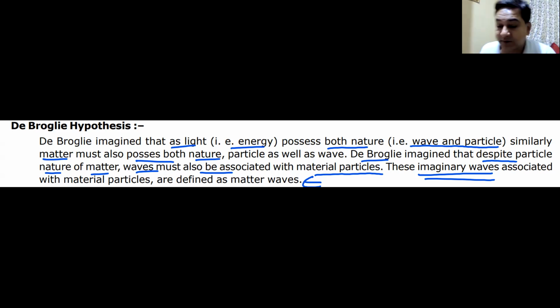Call it De Broglie's hypothesis. Every particle is associated with a wave nature. Light has both natures, so why can't particles also have both? They have a particle nature because they are particles, and they also have a wave nature. These waves associated with particles are known as matter waves.